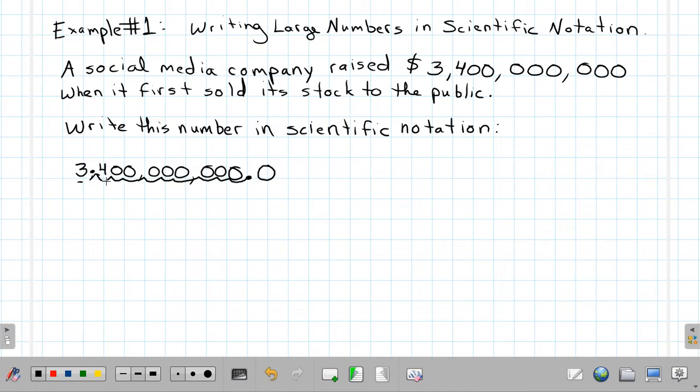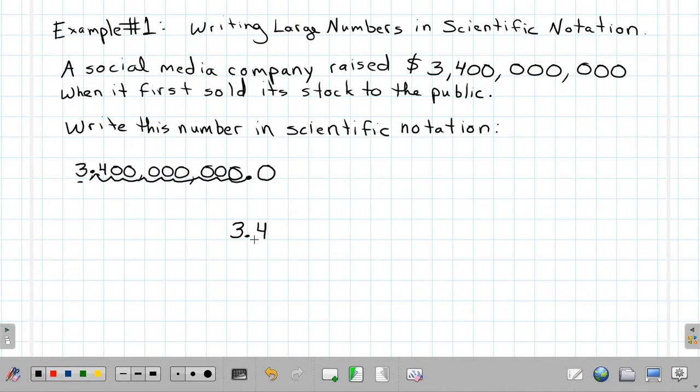But here's where you've got to really know what you're doing with scientific notation. So we're going to end up with the number 3.4. Now notice I leave it as 3.4. You don't need all these zeros at the end, but if you wanted to write them out, you could. But the whole point of scientific notation is so that you don't have to write all the zeros out, okay?